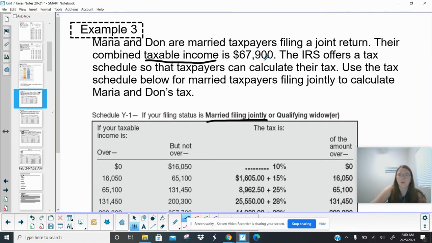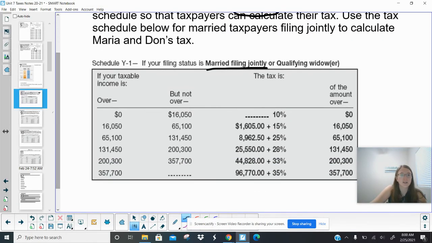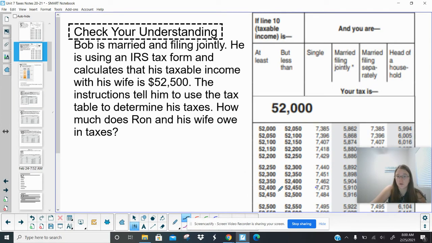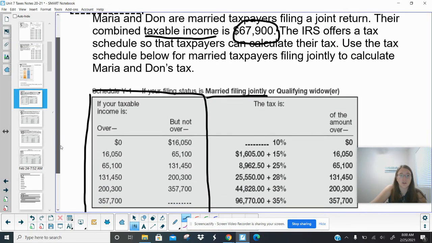Okay, so here's what we do. We're going to focus on their income. This is going to work similarly to the tax tables, by starting in these columns right here. This is how we're going to choose which row to use. So in the same way that you had to choose which column to use there, we need to figure out which row to use.